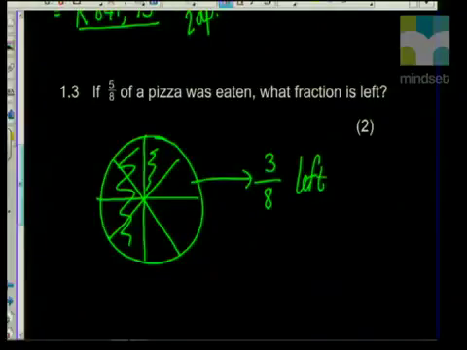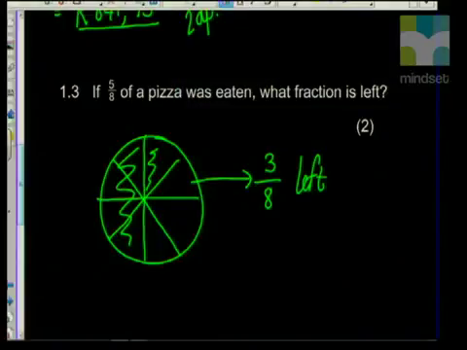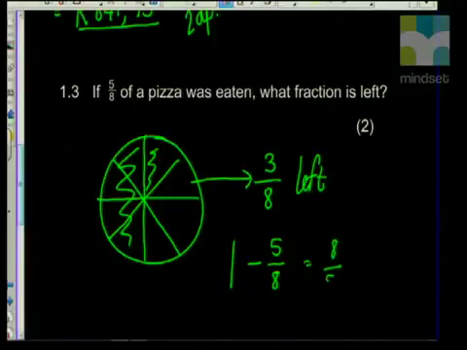But how would I do this on a calculator, or how would I do this when I actually haven't got an easy number, for example? Just remember that if I've got a whole, it's 1, and I'm minusing the 5/8. 1 can be written as 8 out of 8 because I've got 8 pieces when I start off with.